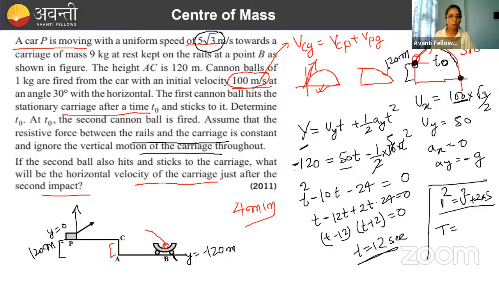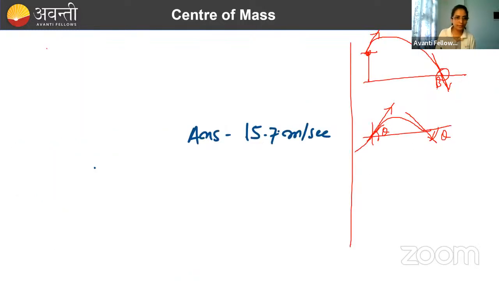Ux will be equal to 50√3. So just before collision, the horizontal velocity of cannonball is how much? 50√3. So just see the case here. Let me draw the cart here like this. So this is B. It is at rest. So its initial momentum P cart is equal to 0.